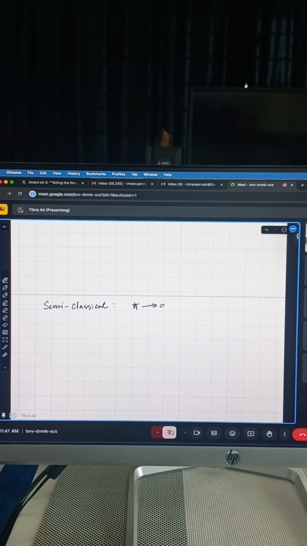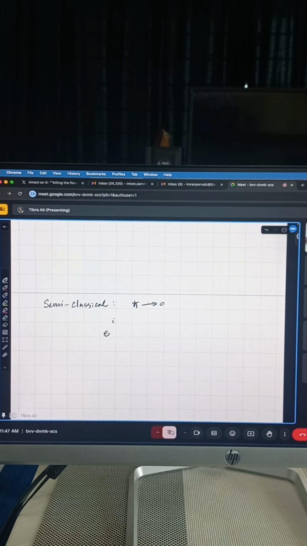So we know what the classical limit of the path integral is, it's going to be e to the power i times the action for the classical path divided by h bar, right? So in the semi-classical limit, we would expect some corrections that vanish when this limit is taken, compared to this guy.